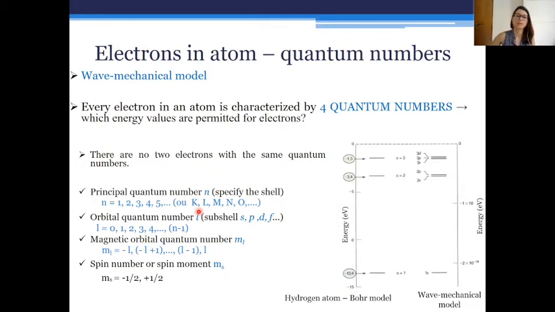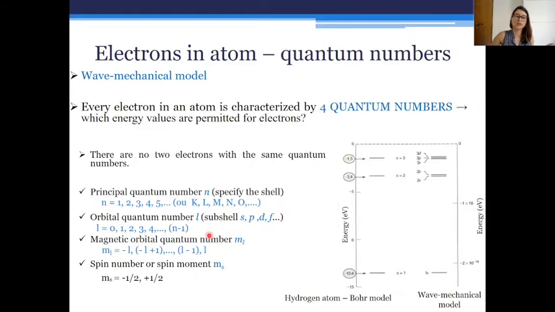Then we have the second quantum number, or orbital quantum number, that we will write l, that describes the subshell or the shape of this electron subshell. Okay, so the value of l will depend on the principal quantum number n.